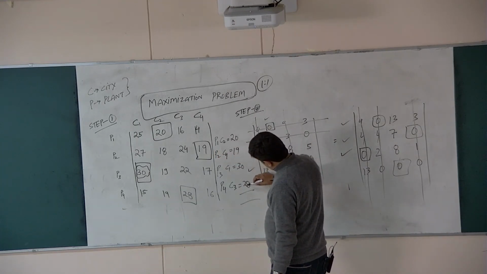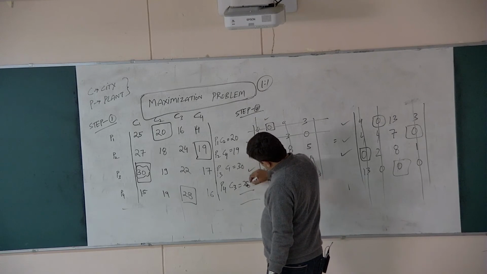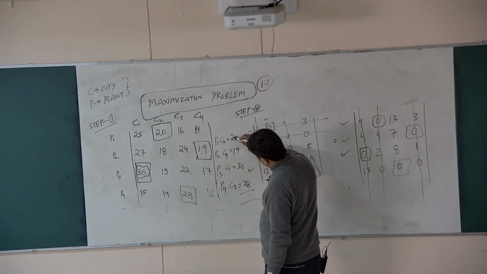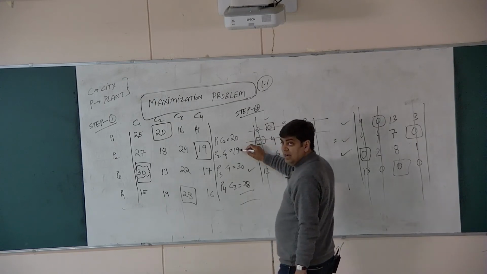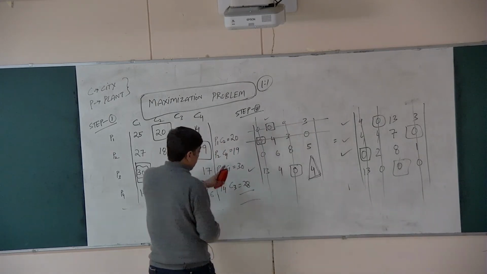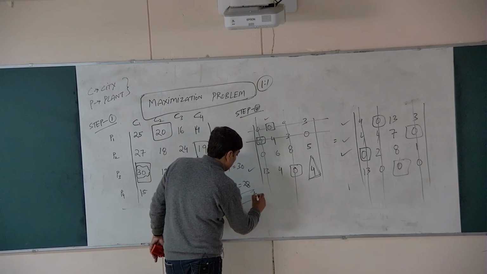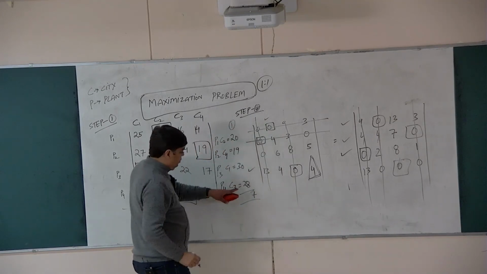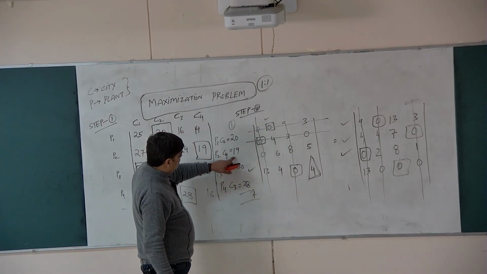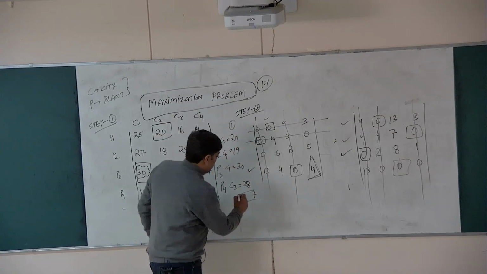So 28 plus 30 is 58, 68, 88 and then 9. So whatever the answer is, you have 8 and 9, 17, 2, 3, 5, 1, 6, 2, 9 and 1. So 107.